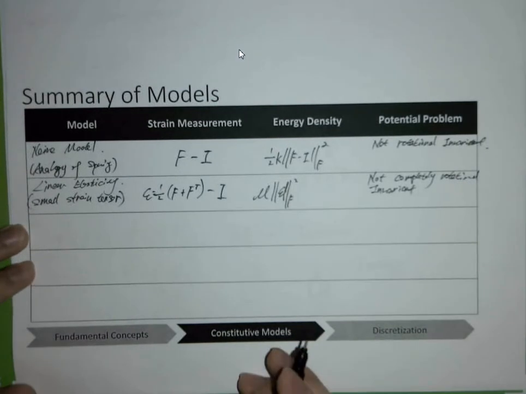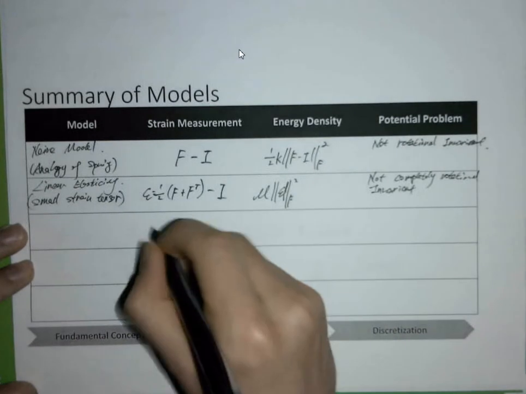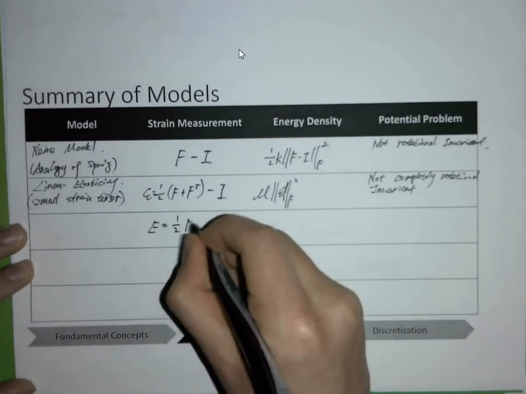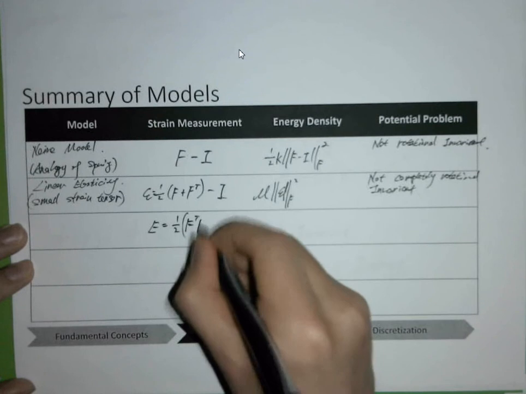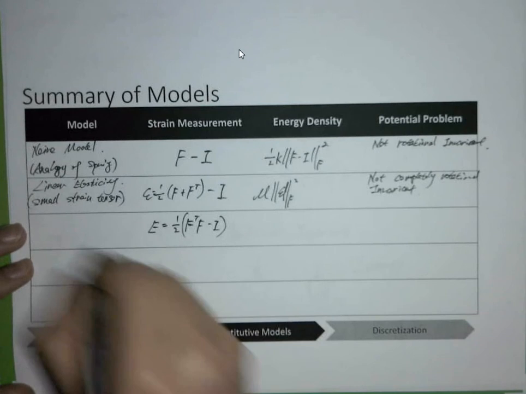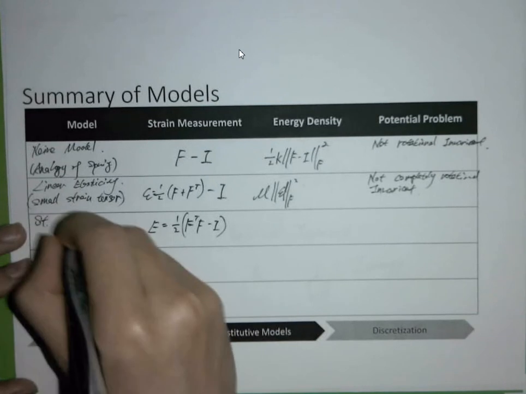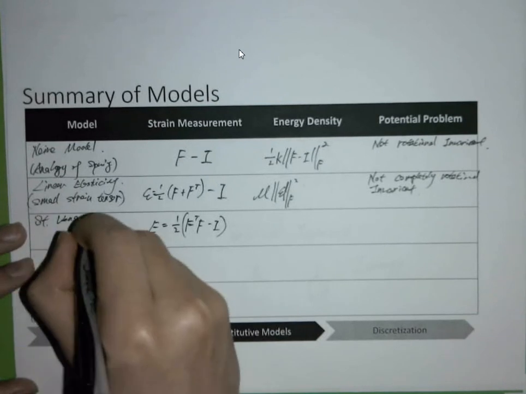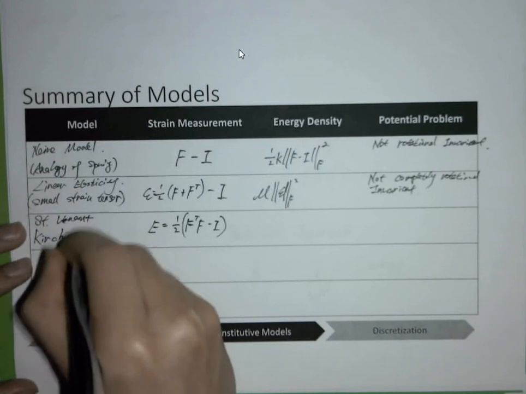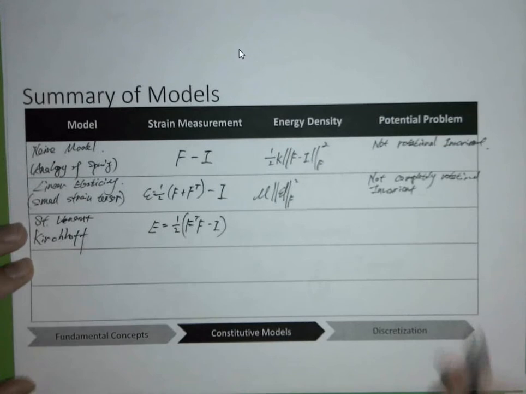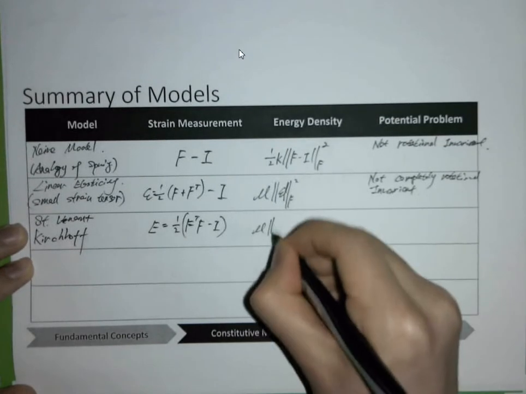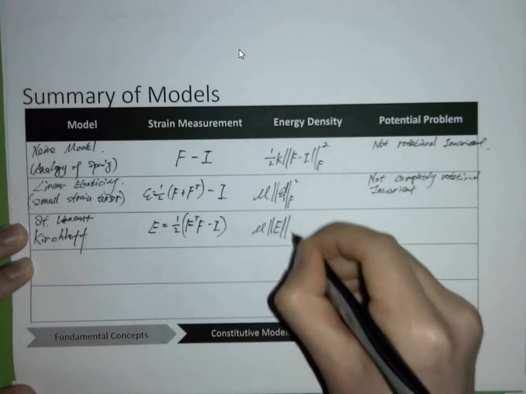We have another strain measurement, E equals 1/2 of F transpose F minus I. This is the Green strain tensor, and this model is called the St. Venant-Kirchhoff model. I'm going to also put the energy density as mu multiplied by the Frobenius norm of E squared.